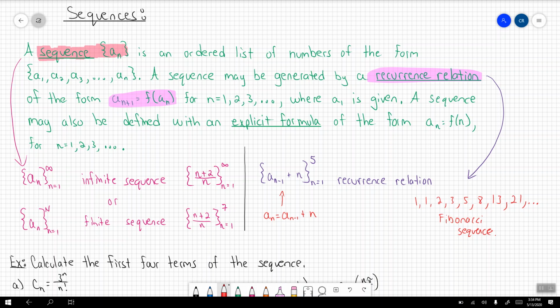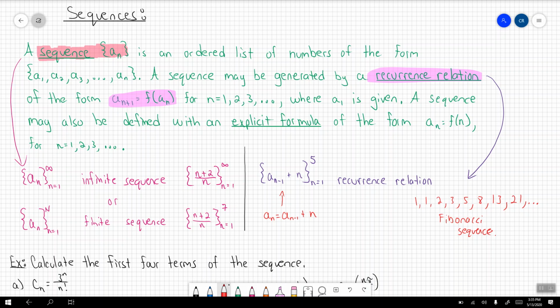It's kind of like creating a function, and that's exactly how we work with it. If a sequence can be generated with an explicit formula, we typically denote it a sub n, which basically translates into a function with a variable n that we're going to be observing. That's how we typically like to work with sequences.